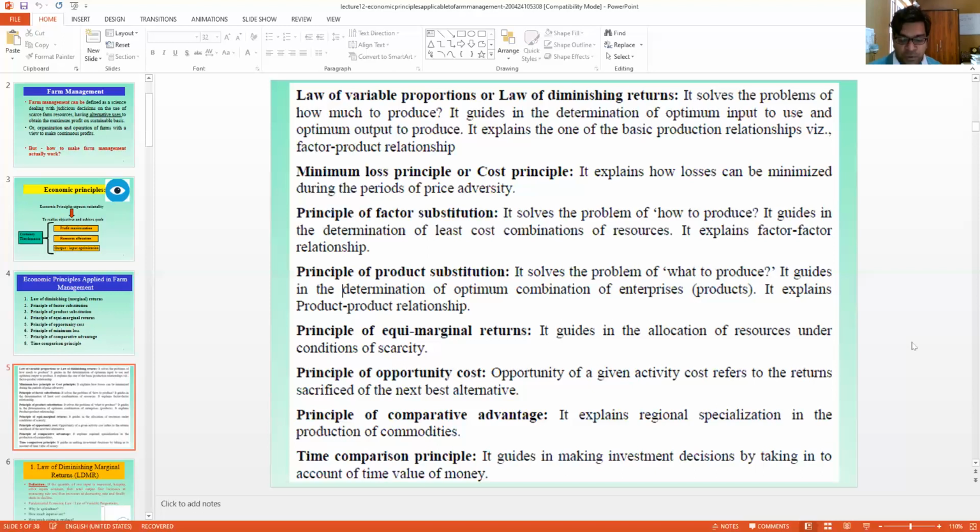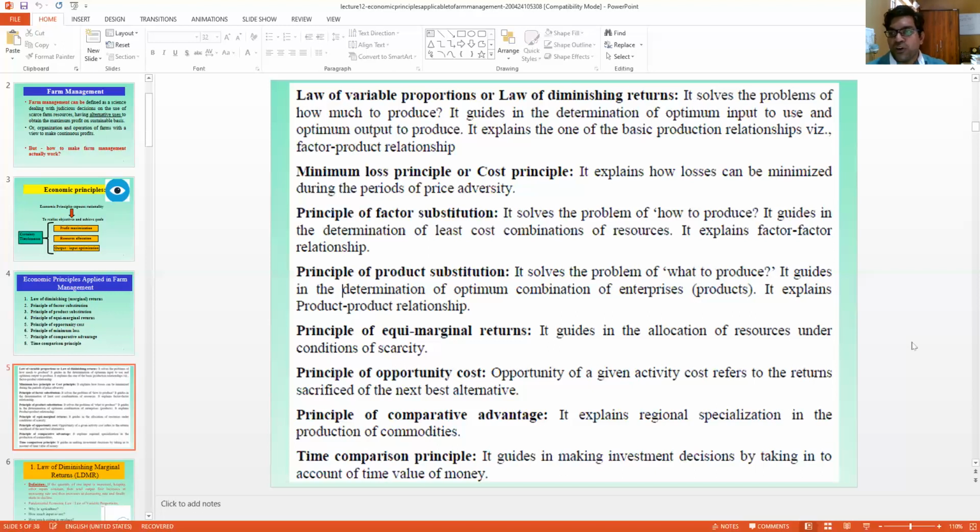For example, groundnut is giving you 20,000 rupees and cotton is giving you 40,000 rupees. The farmer has got only one acre of land. If he is taking cotton, he will be getting 40,000 rupees. So what is the opportunity cost? The returns of groundnut. The farmer is sacrificing the return from groundnut and taking up cotton.